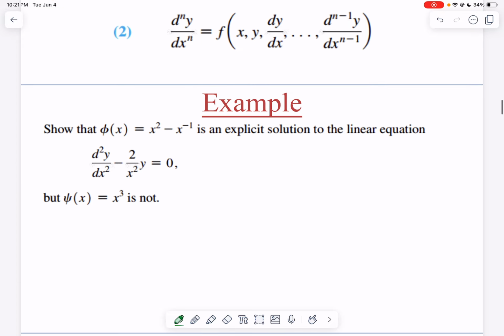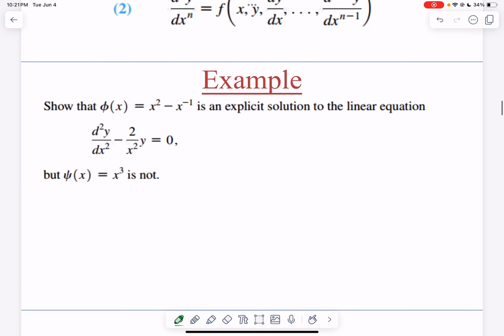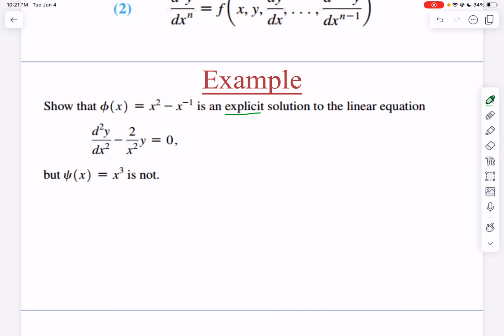Show that phi of x, which is equal to x squared minus x to the negative 1, is an explicit solution to the linear equation shown there below, but psi of x equals x cubed is not. Okay, so let's go ahead and try to satisfy this DE.